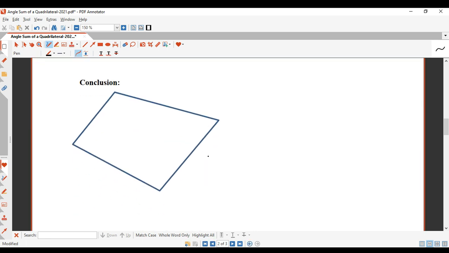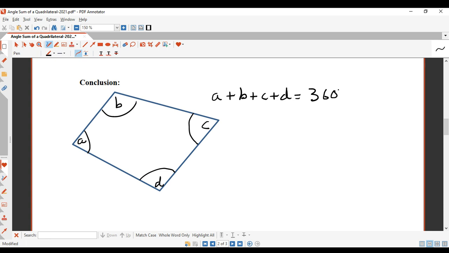Right? Now, here's a little conclusion. So what we're going to do is put down angle A, angle B, angle C, and angle D. So we've got the four angles of some random quadrilateral, A, B, C, D. Our conclusion is that when I add those four angles together, A plus B plus C plus D equals 360 degrees.